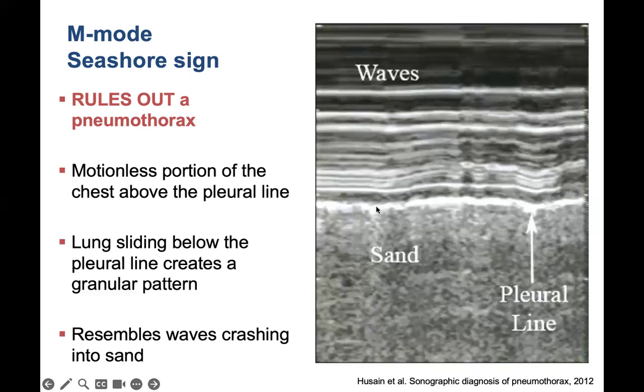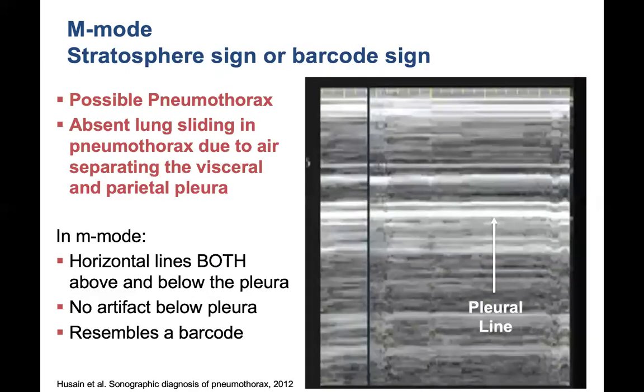But if the visceral and parietal pleura are well approximated, they'll have that lung sliding, and the ultrasound beam will sense that movement of the lung, and you will get this artifact or this granular pattern here. So the lung sliding below the pleural line will create this granular pattern. And again, we call this the seashore sign. This represents waves crashing on a beach, and this rules out a pneumothorax.